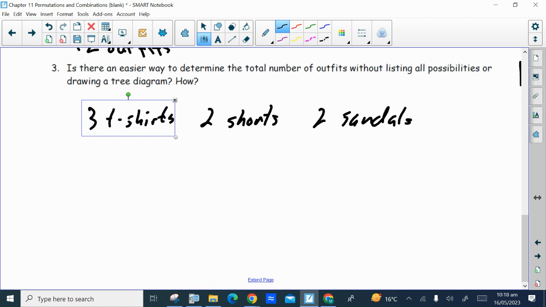What can you do to those 3 numbers to get 12? Well, obviously you can multiply them. 3 times 2 times 2 will give you 12. So if you just want to know how many different possible outfits this person could select, you just multiply those numbers together. If you want to know what the different outcomes are, then the tree diagram could be used.